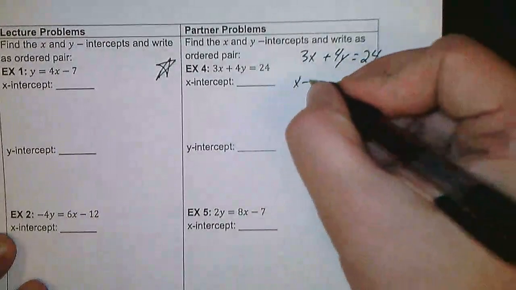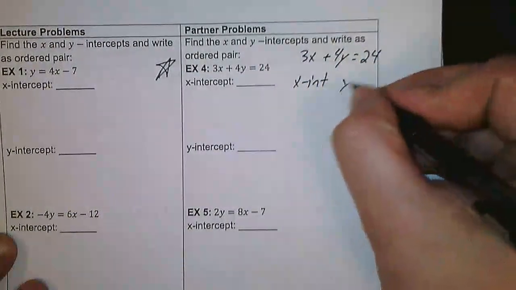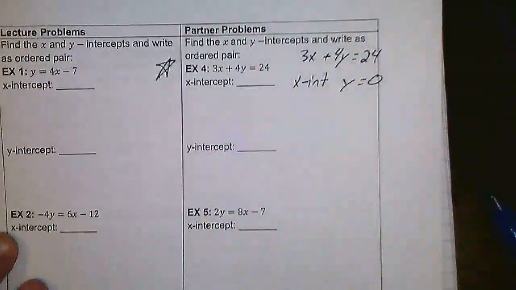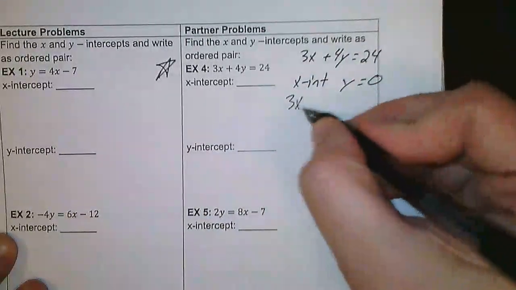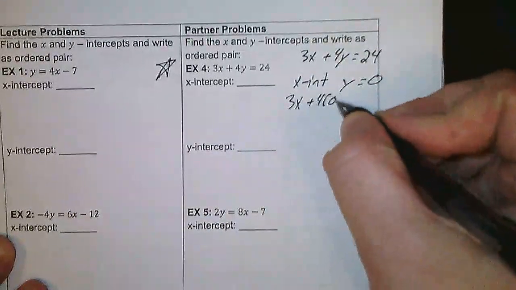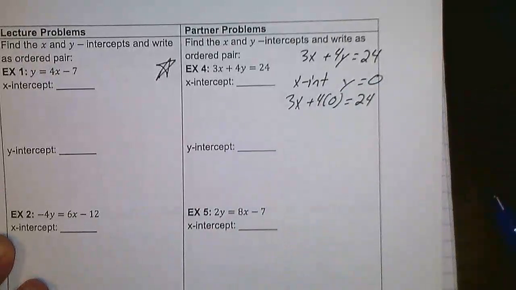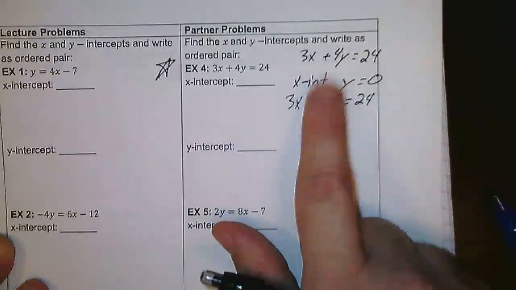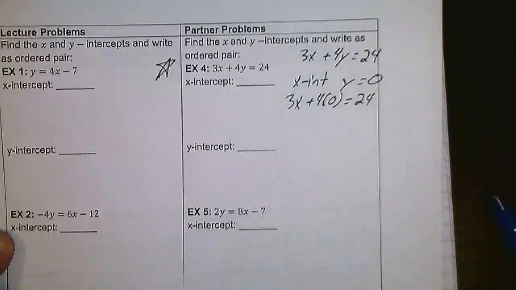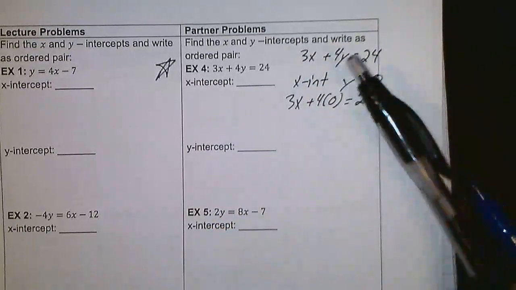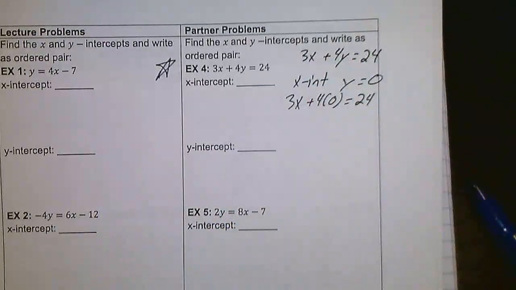To find the x-intercept, that's where y equals 0. So I plug in 0 for y. A lot of teachers just don't even do this part. They just know or tell the students that we know that the y is zeroed out.